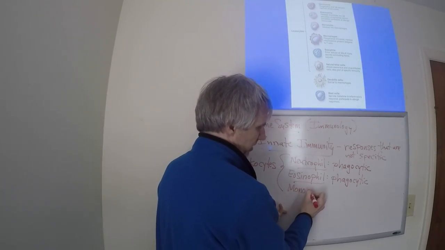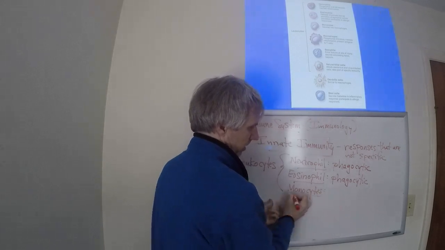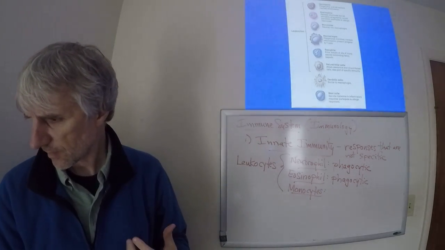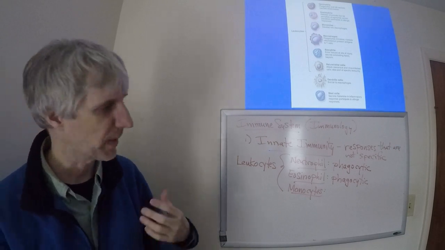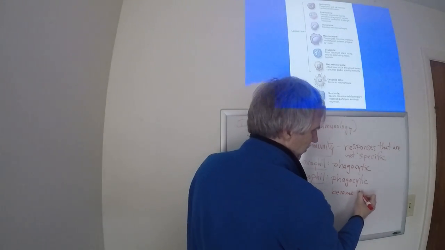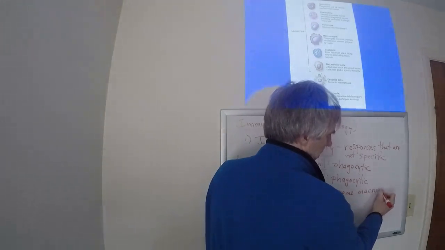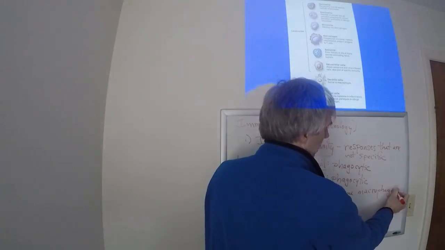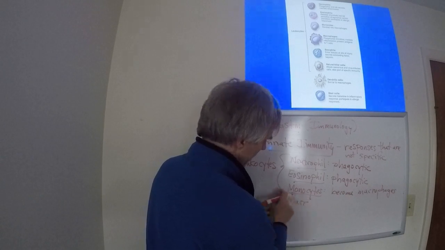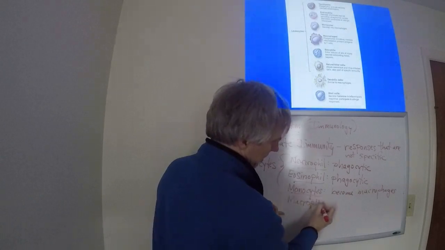Okay. Monocytes. Right. The monocytes are important because they can develop into macrophages. And then the next one in our list is the macrophage.